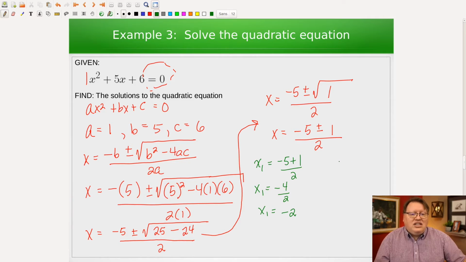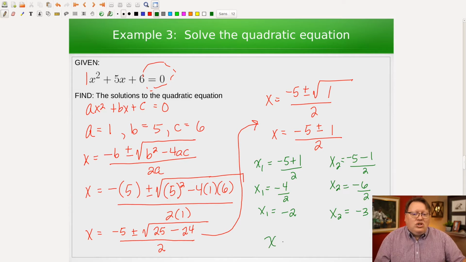And now our second solution, we're going to look at negative 5 minus 1 over 2. So again, that's our plus minus. We have negative 5 plus 1, negative 5 minus 1. So negative 5 minus 1, that's just equal to a negative 6 divided by 2. And so our second x value is a negative 3, because negative 6 divided by 2 is a negative 3.